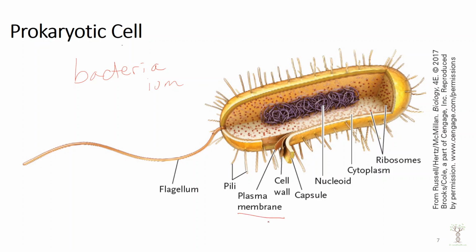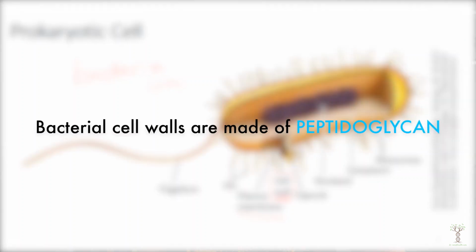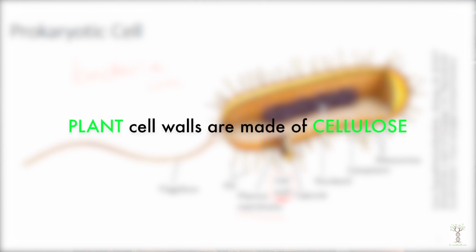All cells have a plasma membrane. Bacteria can also have a cell wall. Now, this cell wall is made up of a substance called peptidoglycan. It is not cellulose like a plant cell wall. So the cell wall of bacteria is not the same as plant cell walls.